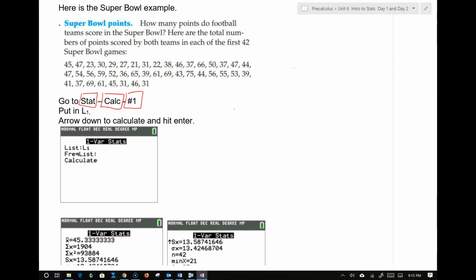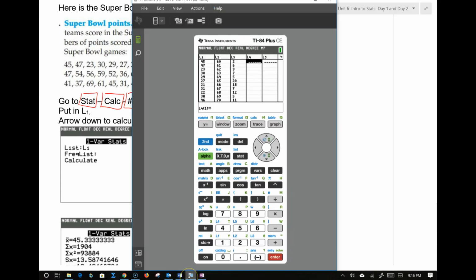Then it should open up once you go there, and it looks like this screen right here. So what you do is you put in list 1. And how do I insert list 1? If it doesn't say list 1 to start with, remember you can put it in by going second and then number 1 on your calculator. All right, let me show you that on the calculator real quick.